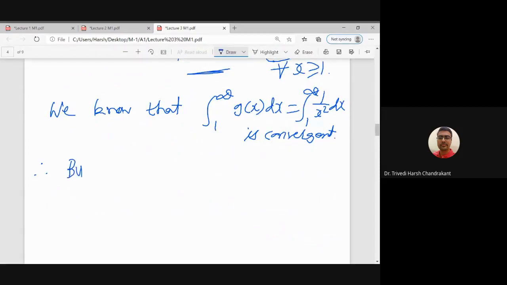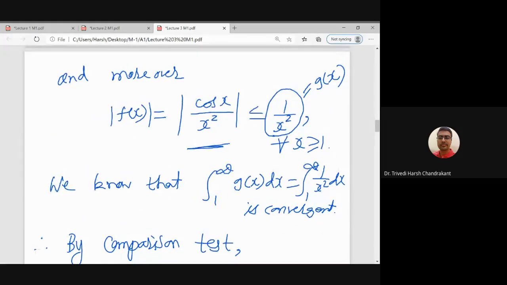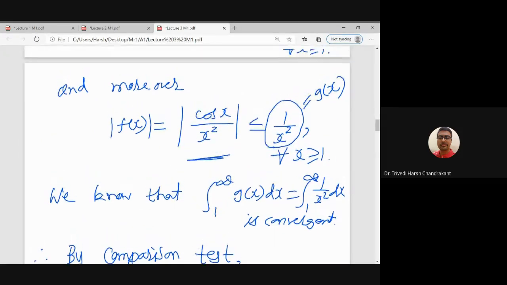Therefore, by the comparison test, the integral of modulus of f(x) is convergent. What we are doing here is not comparing f(x) with g(x); we are actually comparing modulus f(x) with g(x).